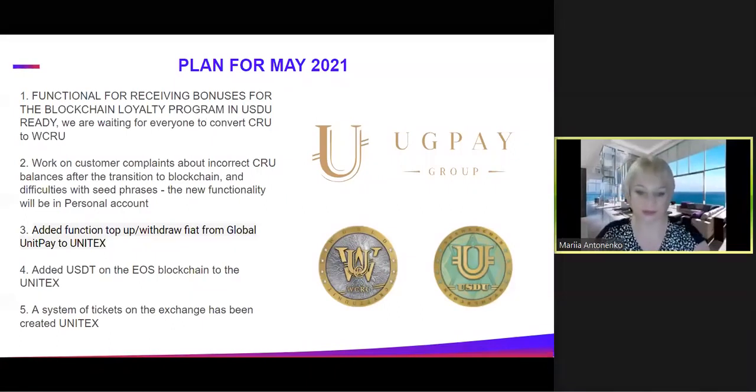And there is a system of tickets at the exchange created, and many of you started to use it actively. One more thing is that our partners decided that the ticket system will accelerate the process of verification.